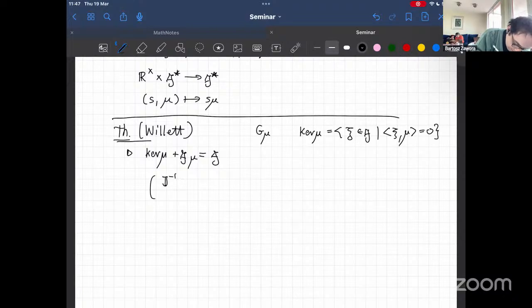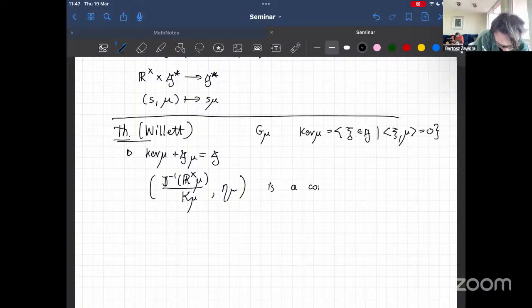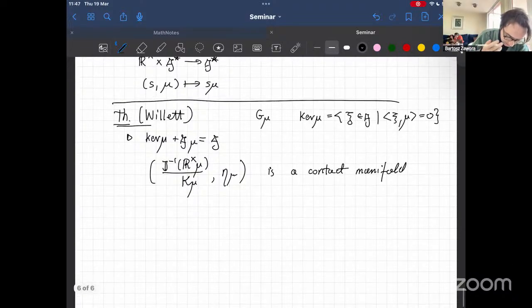So he proved that the quotient by K mu, and I will explain in a second what K mu is, eta mu is a contact manifold, with the natural connection between the reduced contact form and the initial contact form, right?